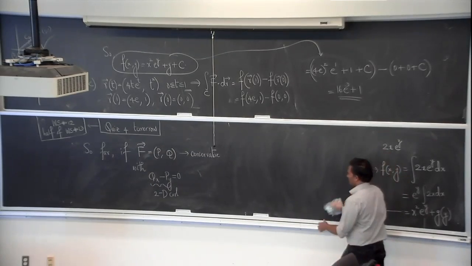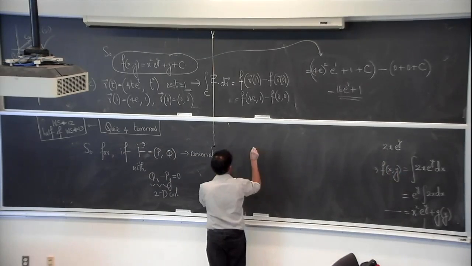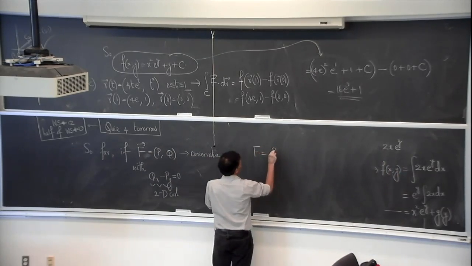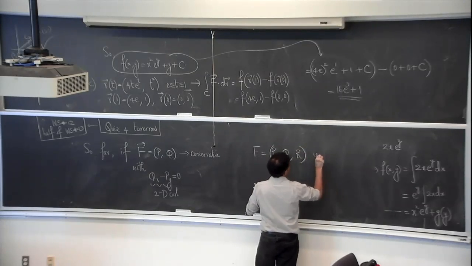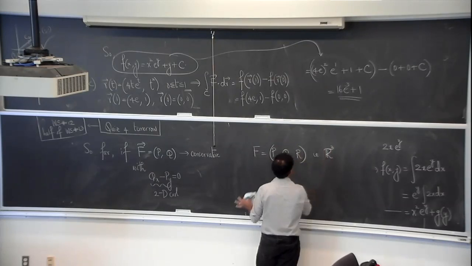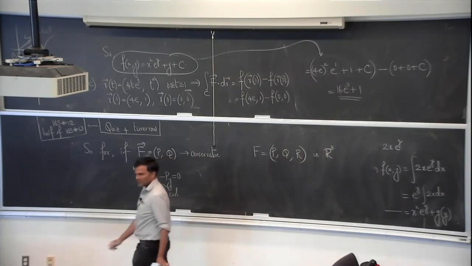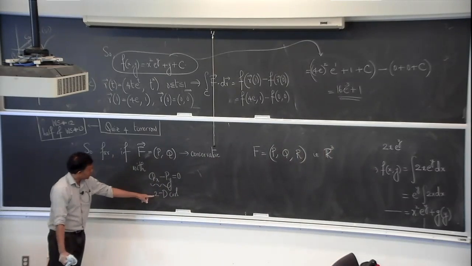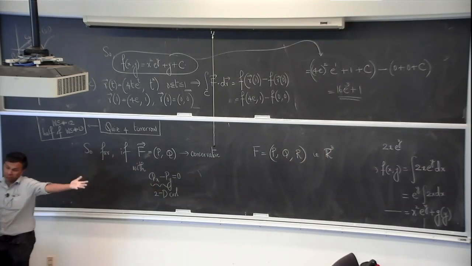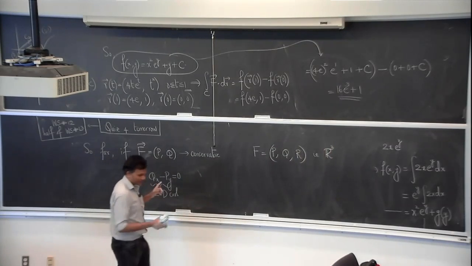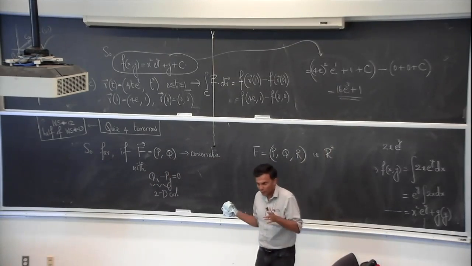Now, what do you think if I had a vector field in R3? What will change here? This was a 2D curl for R2. What will be the corresponding condition? The 3D curl is equal to 0. The only difference is that the 3D curl is a vector.